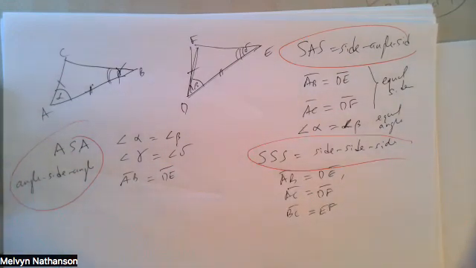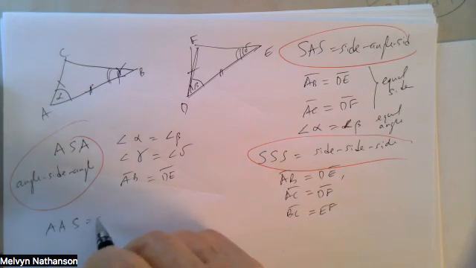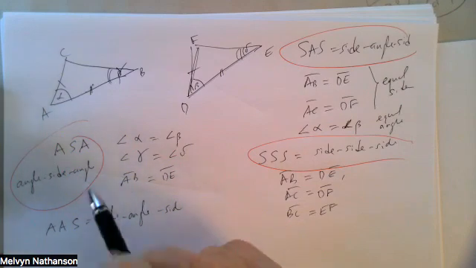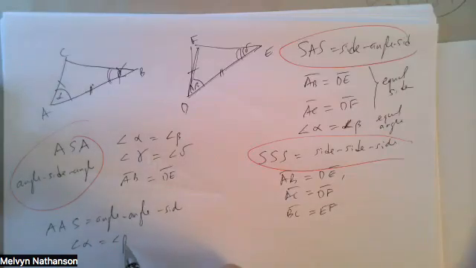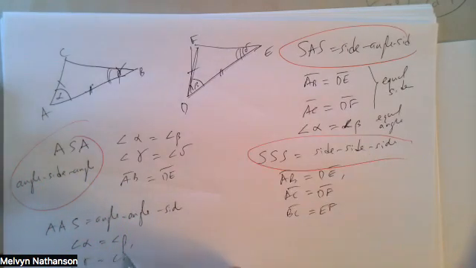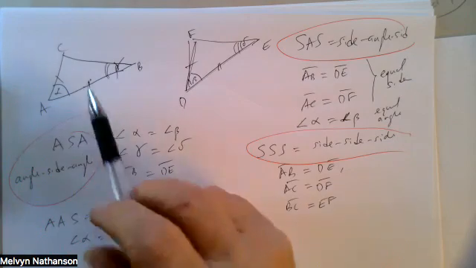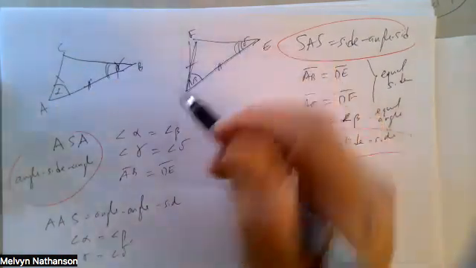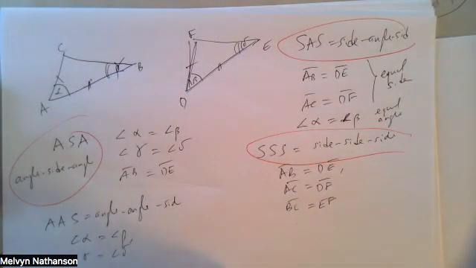And there's a fourth, which is angle, angle, side. Suppose angle alpha equals angle beta, angle gamma equals angle delta, and not necessarily the side between the angles, but one of the other sides, say AC is equal to DF, then again, those triangles are congruent.